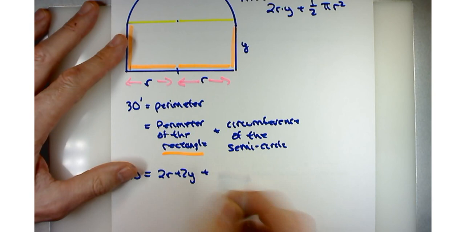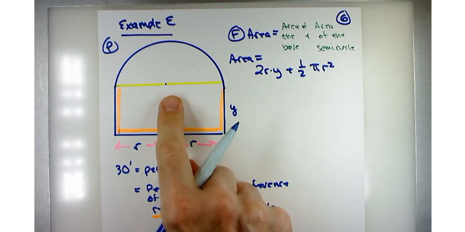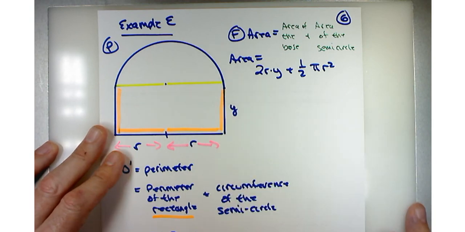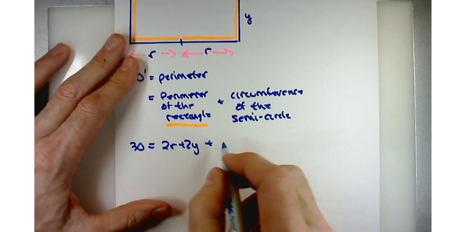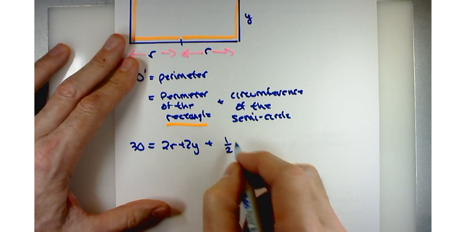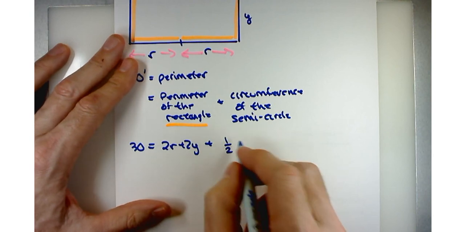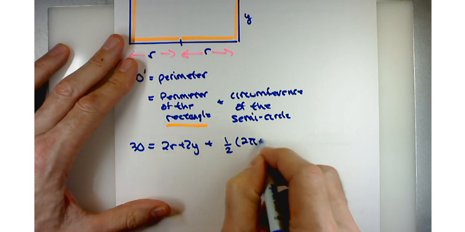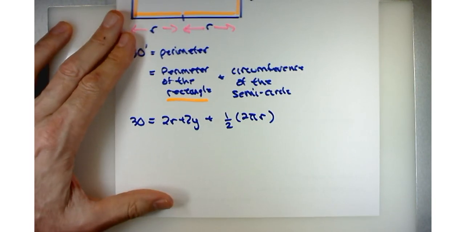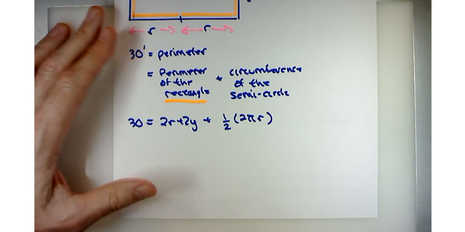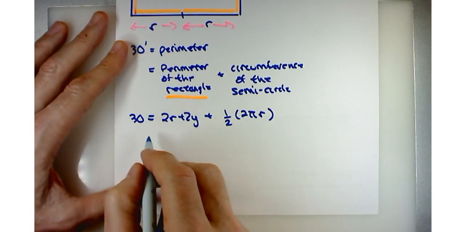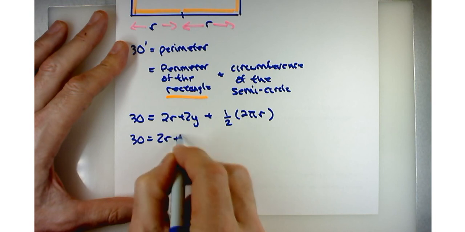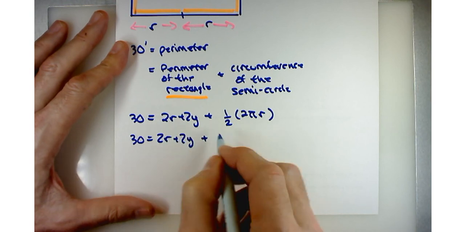Good. Now let's switch over to half the circumference of a circle. That's going to be 1/2, and the circumference of a circle is given by 2 pi r. The 1/2 and the 2 cancel each other out, so you get 30 equals 2r plus 2y plus pi r.